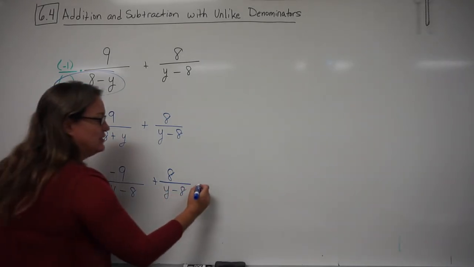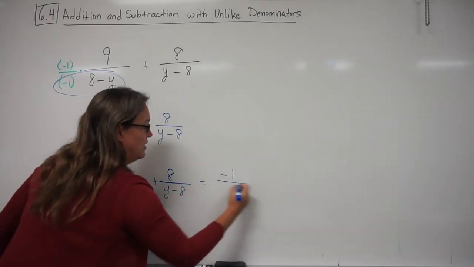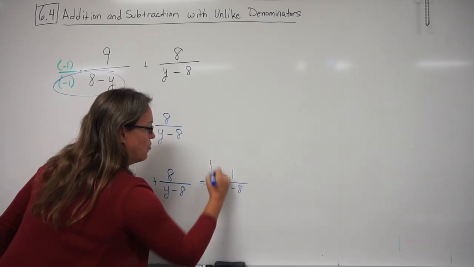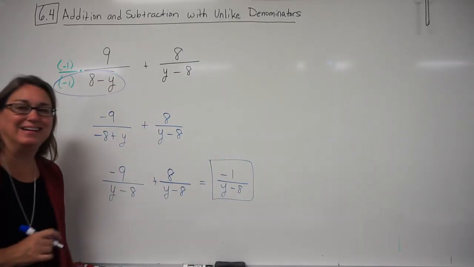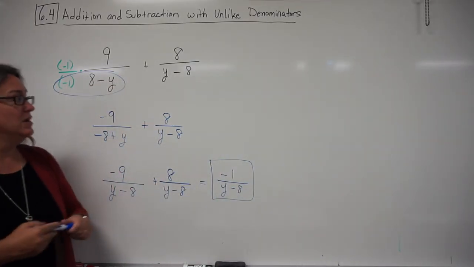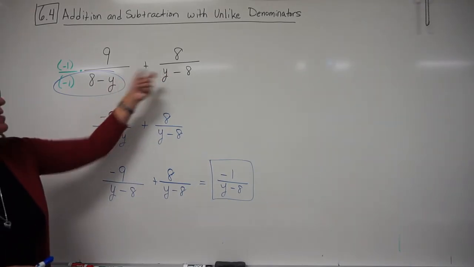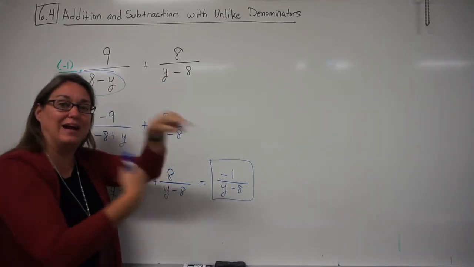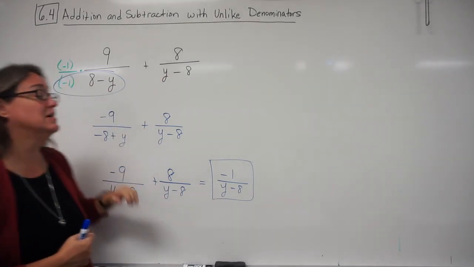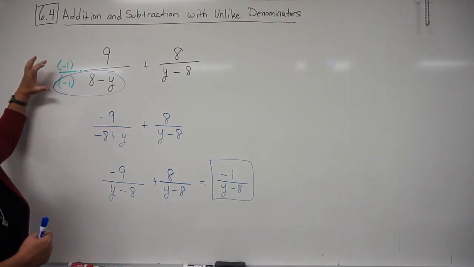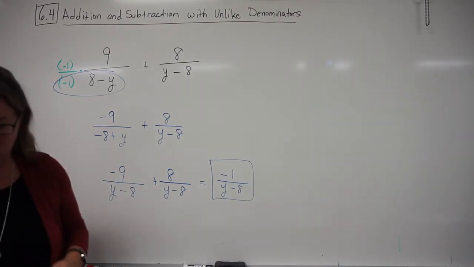We can add what's on top. We get negative 1 over y minus 8, and that's our final result here. So just remember, sometimes your denominators may look very much alike, but they're actually complete opposites. And the way to handle that is to multiply top and bottom by negative 1.